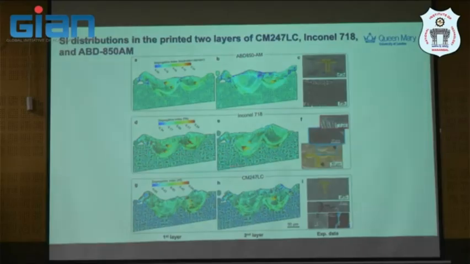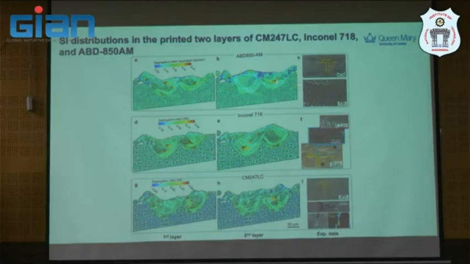Whereas this, sorry, this CM247 is highly segregated. You will see a lot of hafnium present everywhere, consistent with what we've seen in the experiment. And then Inconel is kind of intermediate, but this one is not really segregated a lot, but it's quite average. So that's why you see this kind of zone as well.